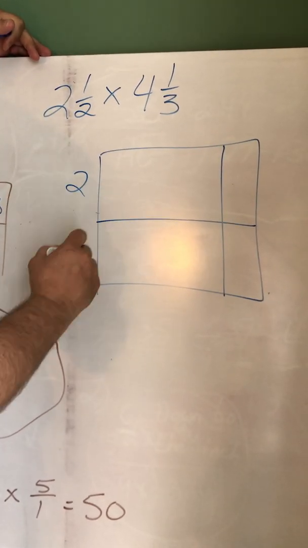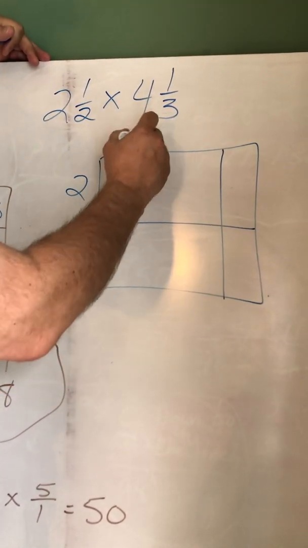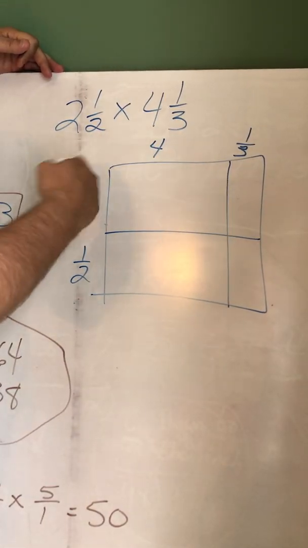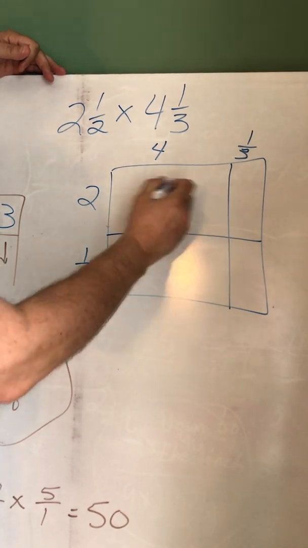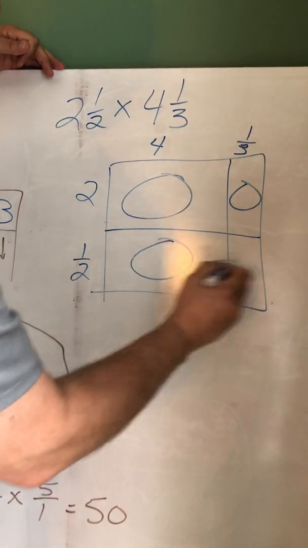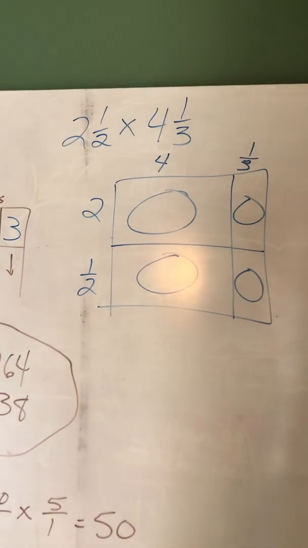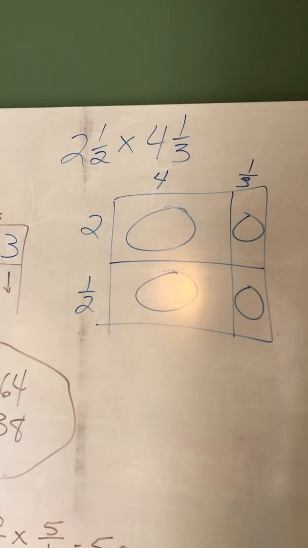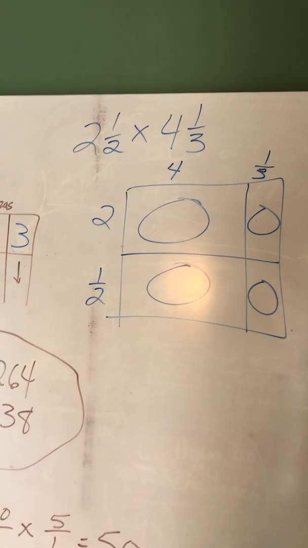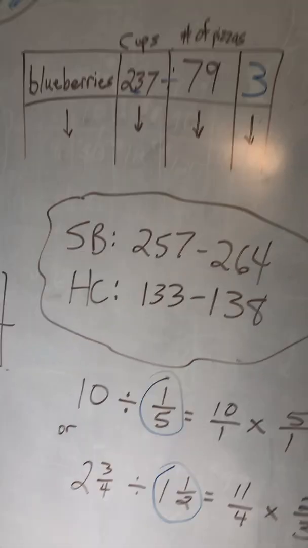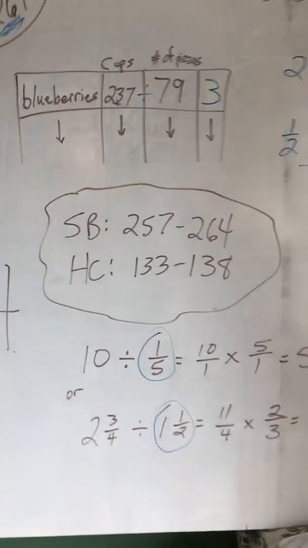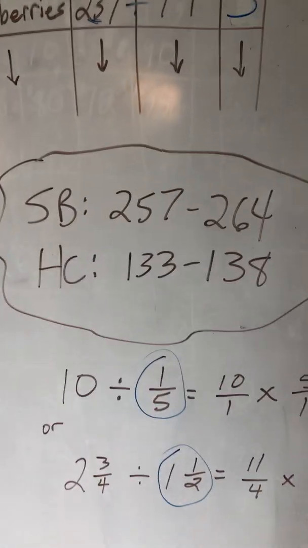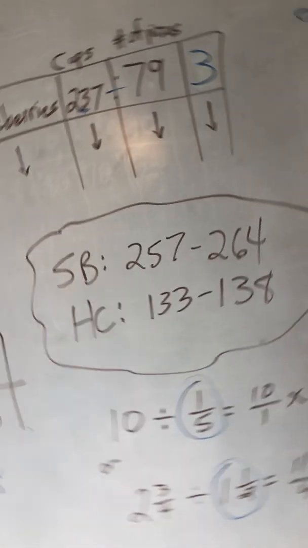But remember, Bridges does want you to know how to do this. Okay? So you just go ahead and do that, and you add up your partial products. I couldn't remember as I was doing this if there's any more of those in this section, but I know we did those last time. So just keep that in mind. I know most of you would just do 5 halves times 13 thirds, and that's fine too.